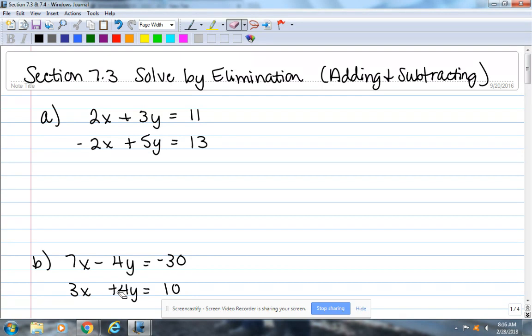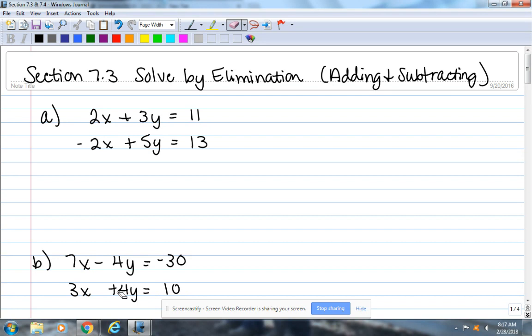So with elimination, what you're doing is eliminating a variable. Now, what does it mean to eliminate something? To get rid of it, right? In math, we call it canceling out. So we want to get rid of a variable. And the way we get rid of something mathematically is to do the opposite.